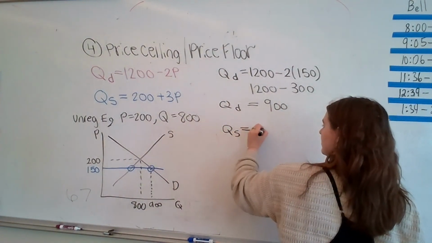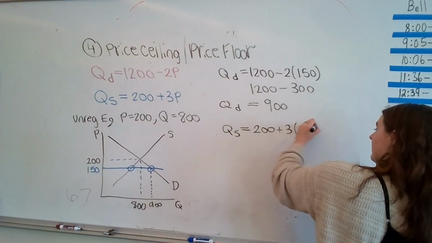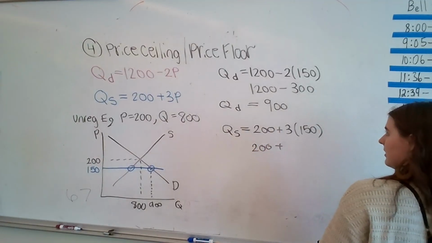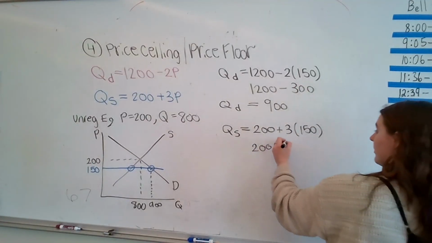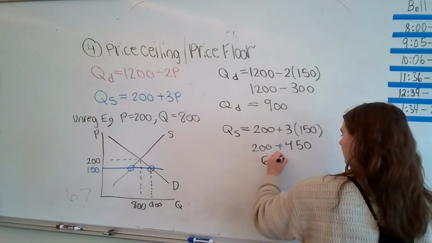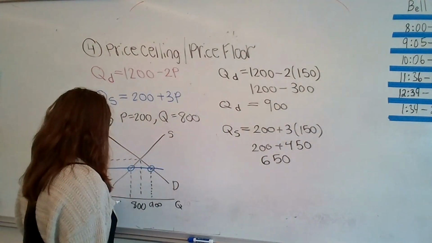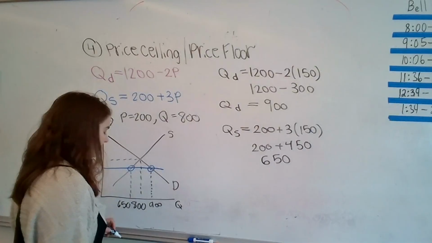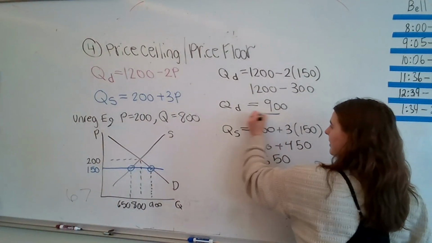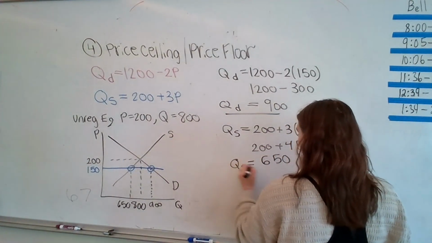So we got 200 plus 3 times 150. That's 200 plus, if we know 2, we know this is going to be 450. And this is 650. We come over here. 650. What do we see here? We see quantity demanded is exceeding quantity supplied.